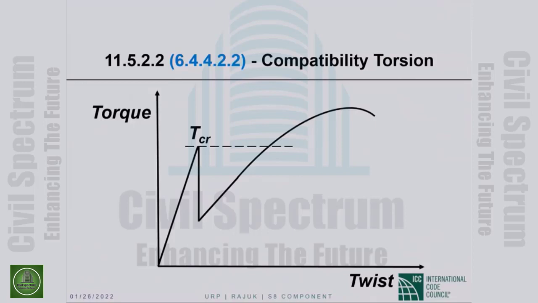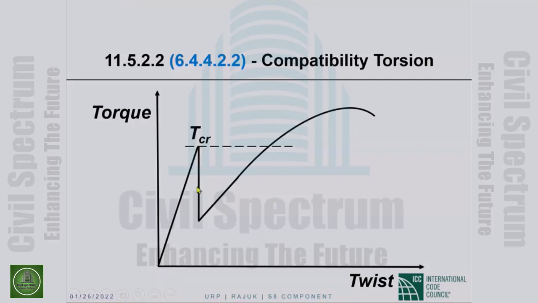This simply shows that when a beam cracks in torsion, the stiffness goes down drastically. Initially, as there was twisting of the member, it was carrying more and more torsion, but then it cracks in torsion at a certain torque.